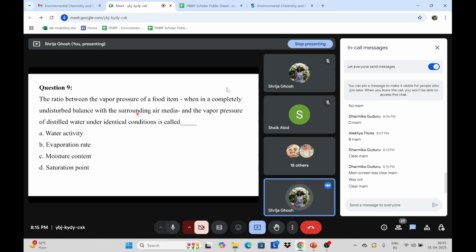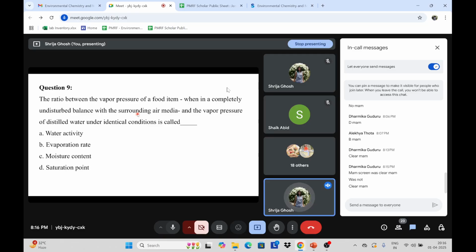You might be having some network issue. Can anyone else confirm if they are also facing the same problem? Dharmika, you might be having some network issue.